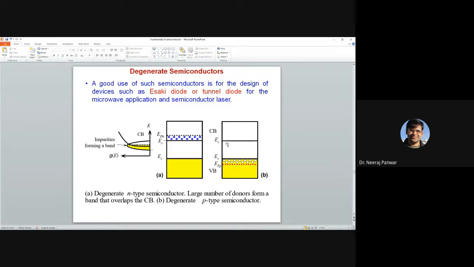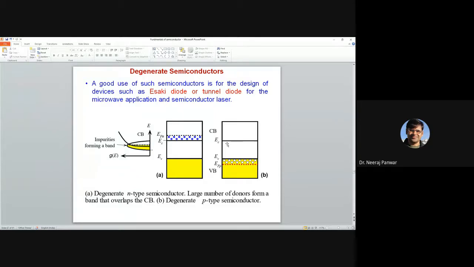You may be asked to tell the name of a semiconductor device, because now you have opted for this elective course. You may be asked, tell the name of a semiconductor device which shows negative resistance behavior. So it is the tunnel diode, in which the IV characteristic exhibits negative resistance. It is known as negative resistance.